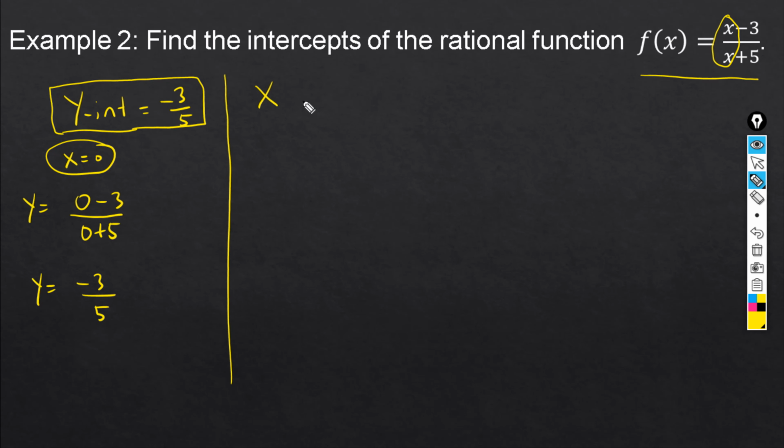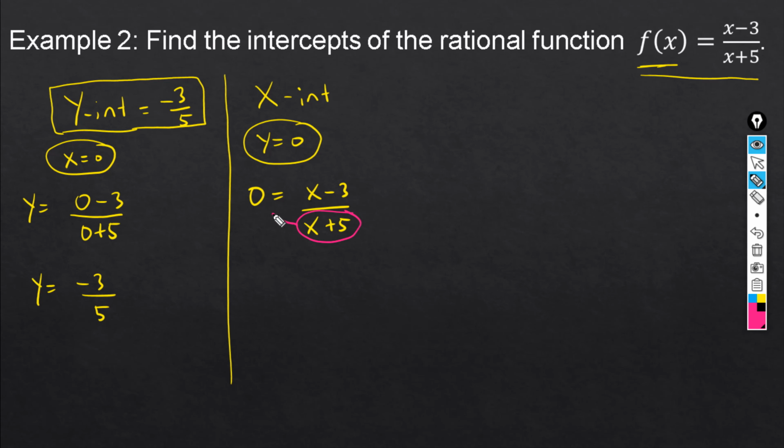Then, x-intercept. Erase ko muna to. We're going to set y to 0. So, yung f of x magiging 0. So, 0 equals x minus 3 over x plus 5. Then, cross-multiply. So, magiging 0 equals x minus 3.